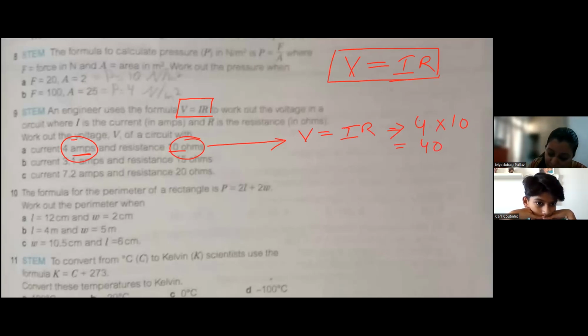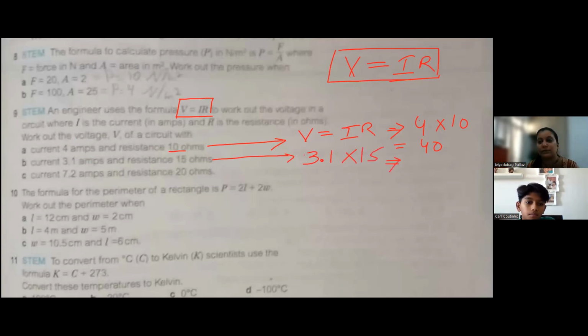Next one is V is equal to IR, where I is 3.1, multiplied by resistance, which is how much? 15. Is it 15 only? You can just check it. Yes, 15.